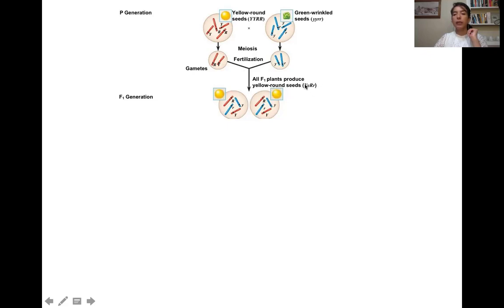The genotype is going to be heterozygous, which means that we're going to have a big Y coming from this gamete and a big R coming from the same gamete, and a little y and little r coming from this gamete from the other parent. In this generation, all of the individuals are going to have yellow and rounded seeds.